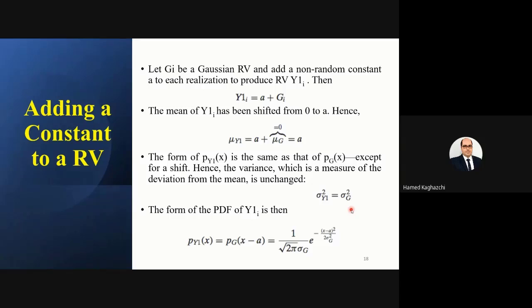Because we only have a shift of the whole bell-shaped curve, the variance will not change. It means that the variance of Y1 is equal to the variance of G. So the PDF of Y1 at point X will be the PDF of G at X minus A. It means that instead of X, if I substitute X minus A, I can find the PDF of the new random variable.